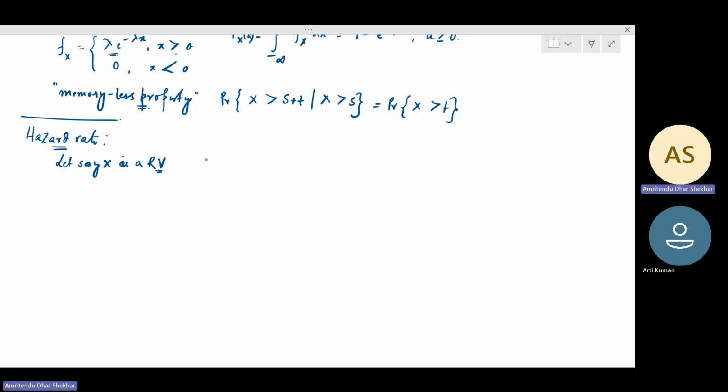So let's say x is a random variable which has a density function of small f and a CDF of capital F. Then the hazard rate is defined as lambda of t equal to f of t divided by 1 minus F of t.